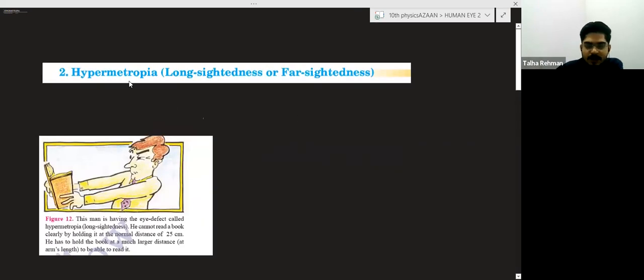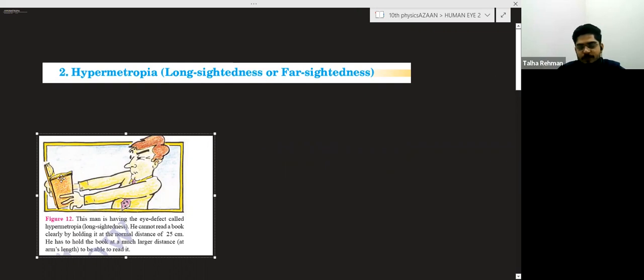Hypermetropia. Hypermetropia is basically also known as long sightedness or far sightedness. Basically, this is a person, and this person wants to read the text in this book.